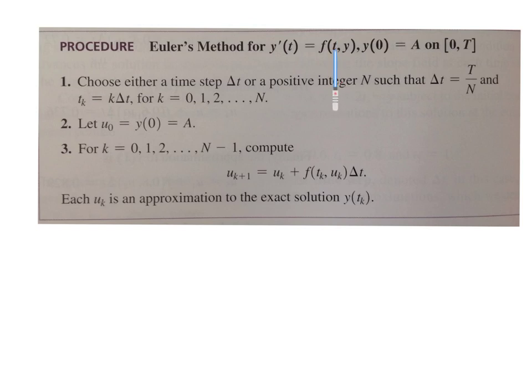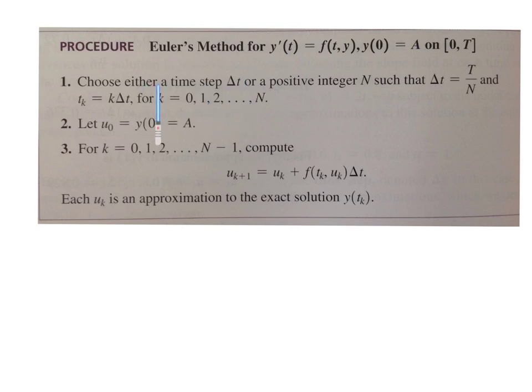It's this independent value t, with this unknown function y. Then we get this initial value: when t is 0, we have some initial value, they're going to call it a, on this certain time interval, 0 to however far out you want to go.